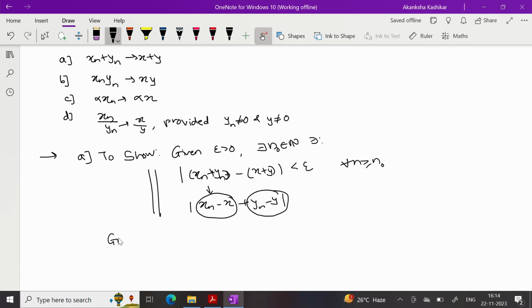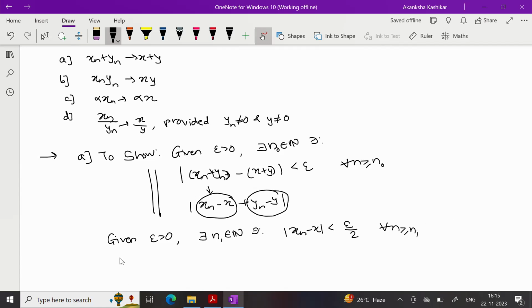Okay, so given epsilon greater than 0, there exists n1 in n such that mod of xn minus x is less than epsilon by 2 for every n greater than or equal to n1. Okay, this is the first statement.